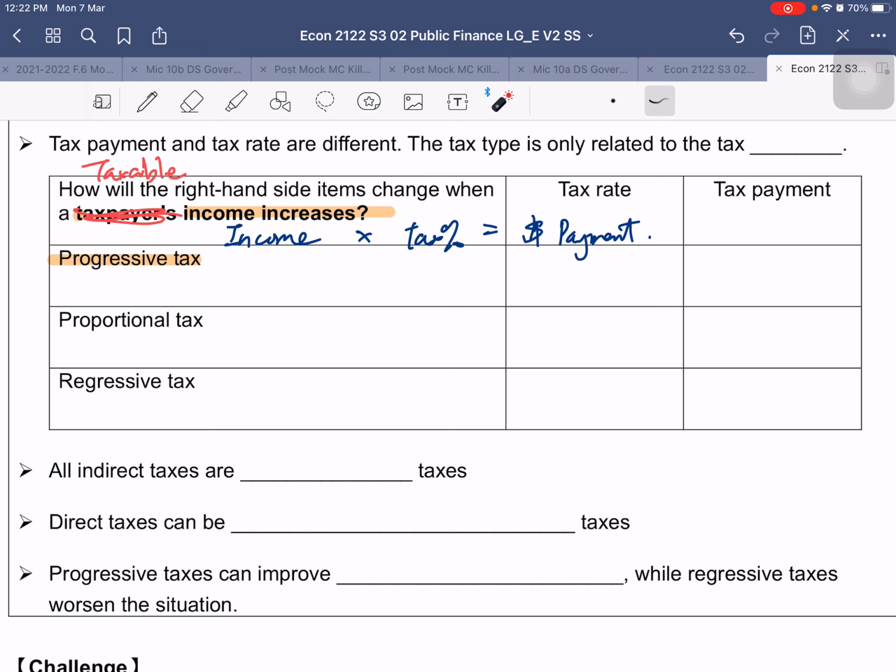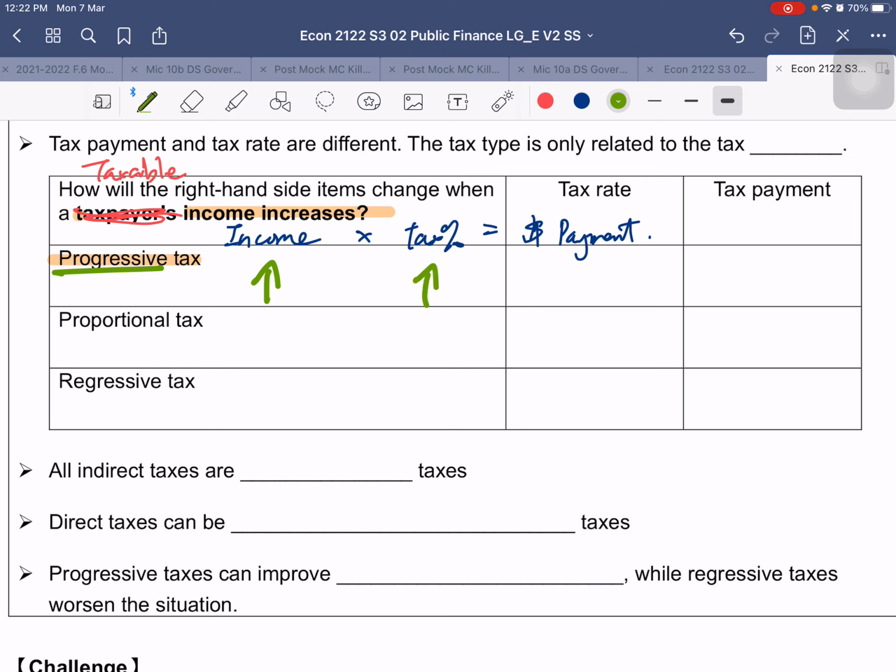Okay, so when we try to find out which types of tax have their tax payment increase when the taxable income increases, we can use this simply. Let's do it together. Progressive tax means that when the income increases, the tax rate will increase.